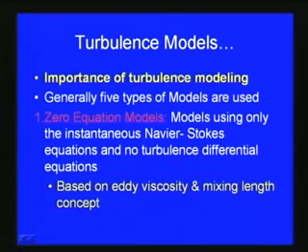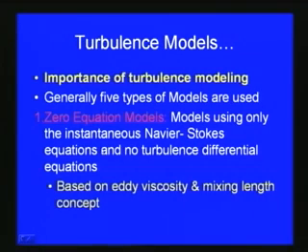So, generally in literature there are 5 types of turbulence models. The first one is the zero equation model, which is based upon the eddy viscosity and the mixing length concept. Here we do not directly use the turbulence differential equation, but we use the eddy viscosity and mixing length concept.